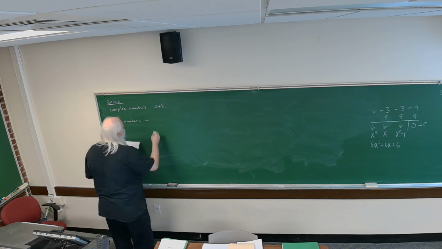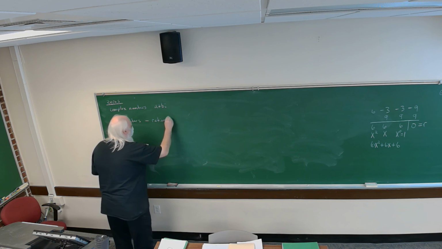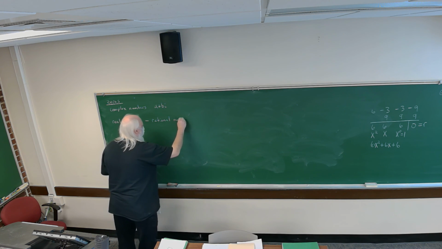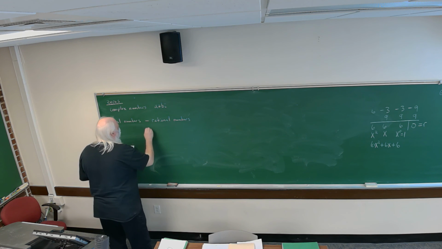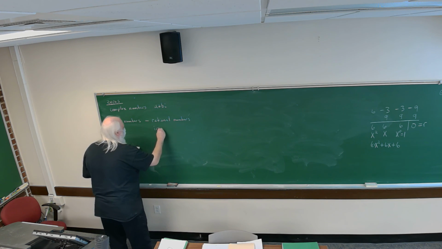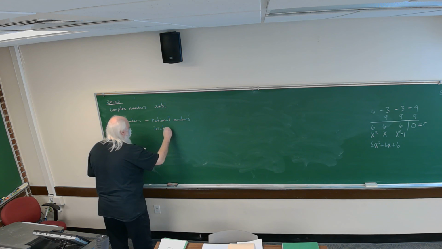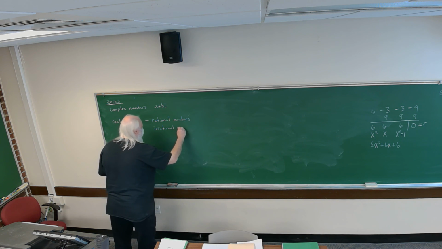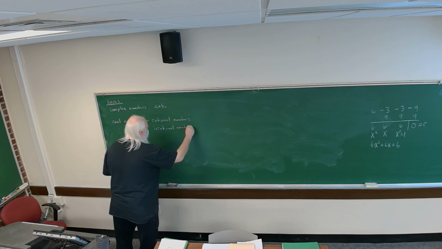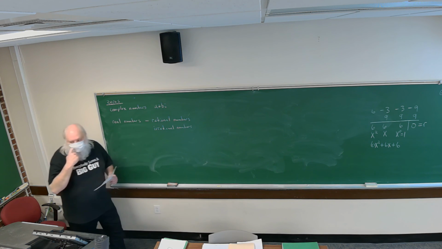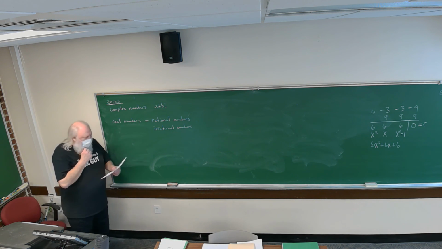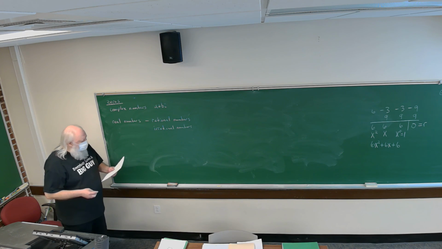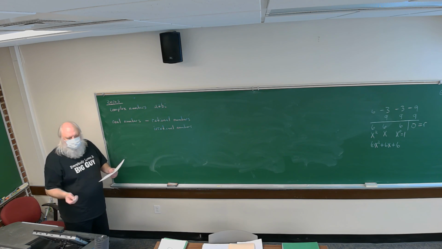They can be rational numbers, or they can be irrational numbers. The numbers on the real number line can be broken down into 2 groups, rational and irrational. Does anybody know what makes a rational number rational?